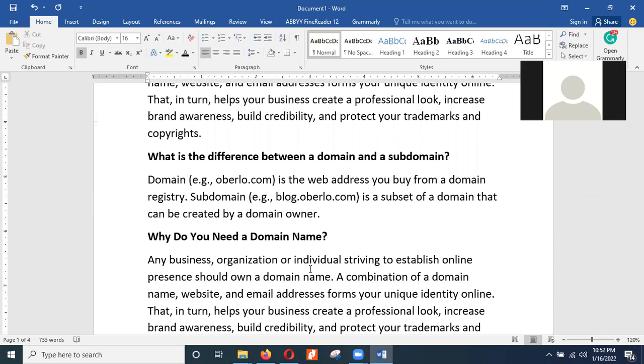For someone to visit your website and see the content of your website, that person needs a domain name. So the first thing you think about when creating a website is your domain name. Which domain name are you going to make use of?